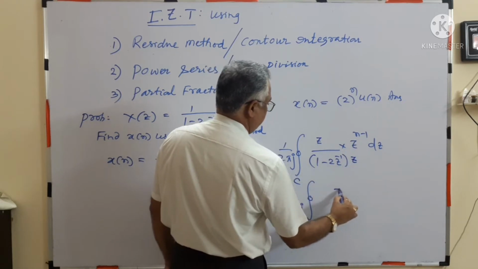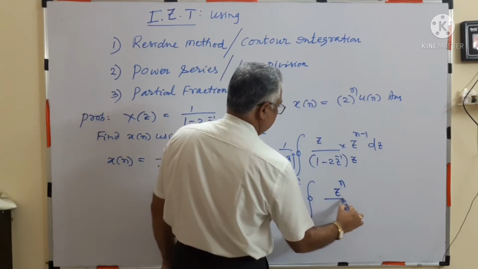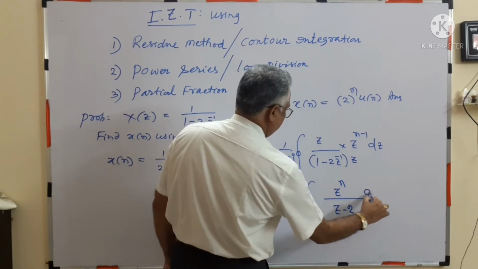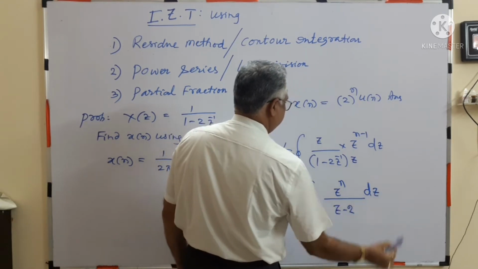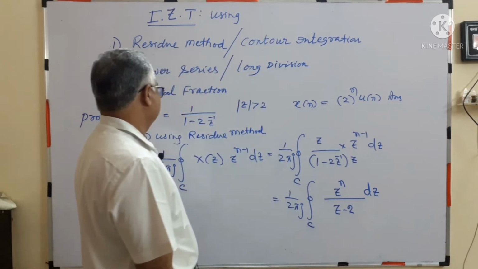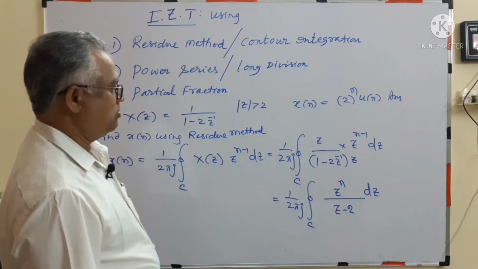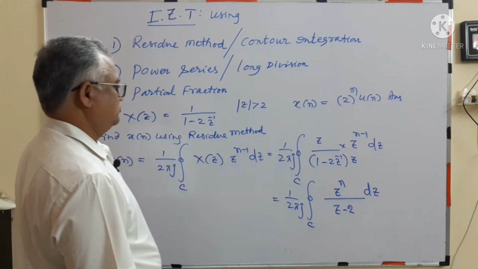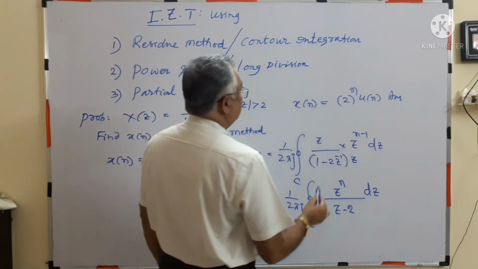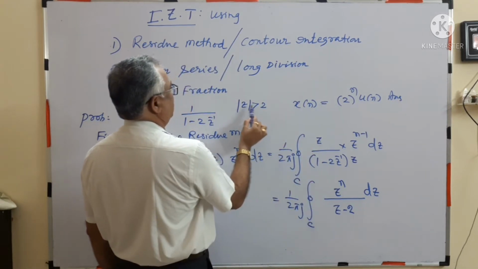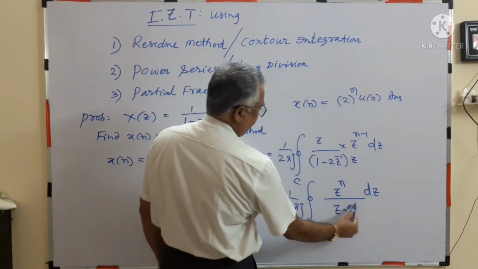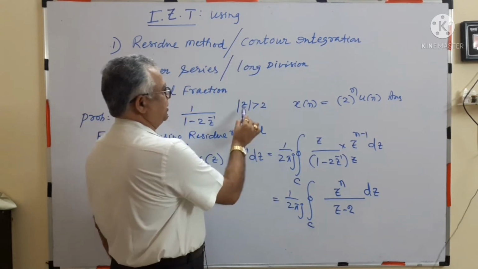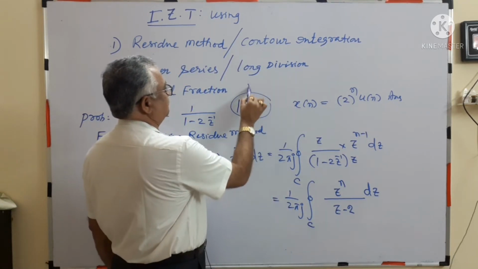So the numerator is z power n, denominator z minus 2, dz. Okay. So here if you see the problem, mod z greater than 2, it is having a pole at z equal to 2. Mod z greater than 2, this is the ROC.